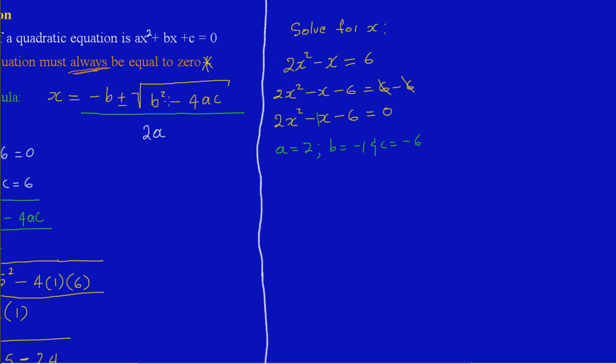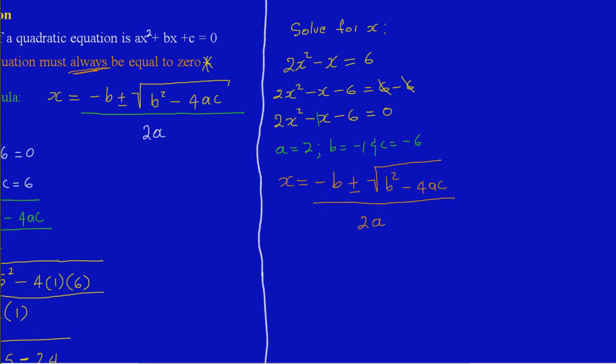Now, if we're solving by using the quadratic formula, let's make a note of it. x is equal to minus b plus or minus the square root of b squared minus 4ac, all over 2a.